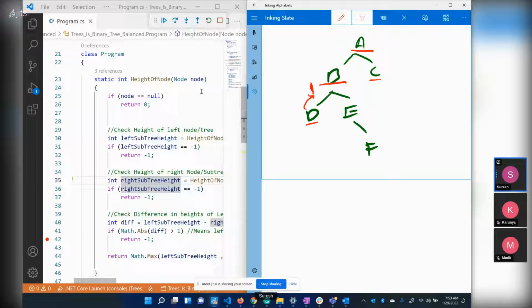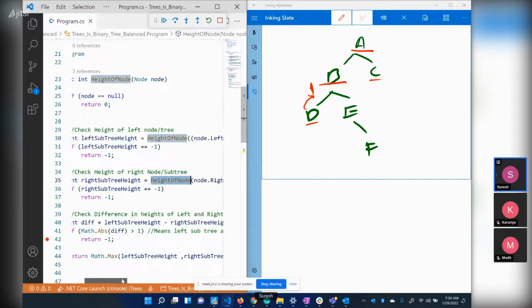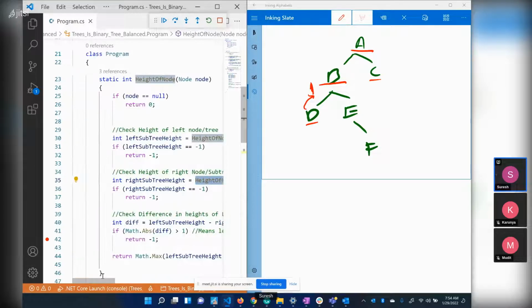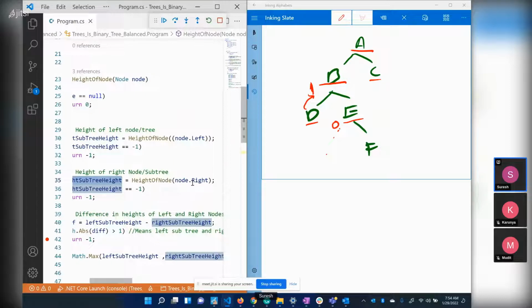Now you are at B again. Okay, you want the height of the right subtree. B dot right is E. Okay, calculate the height from E. So now you are at E, E not equal to null, and left subtree height is 0 because there are no nodes here, right? Now let's calculate the right subtree height, that means E dot right.